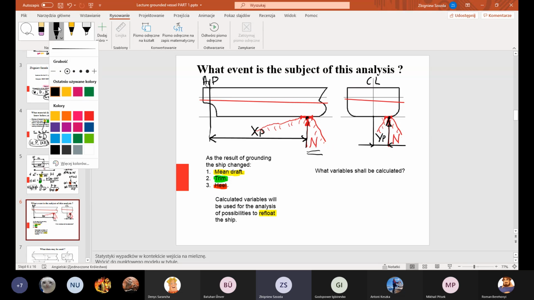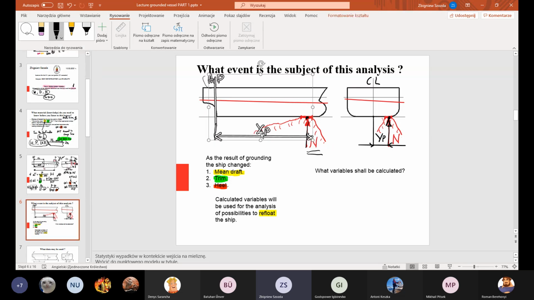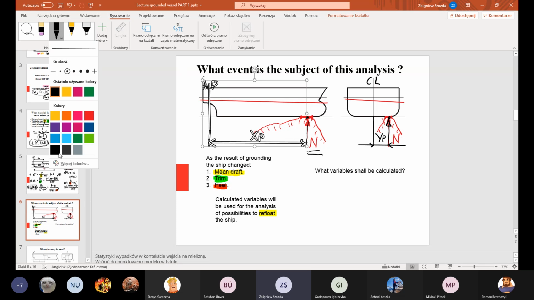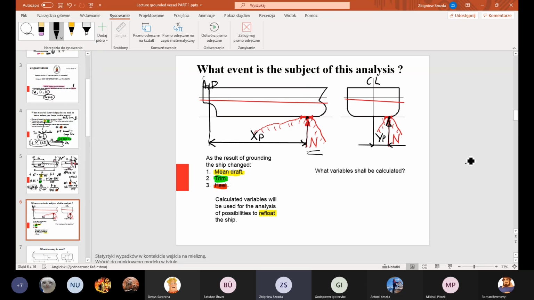I did put here a small heel. Sorry, I didn't want to do this, I wanted just to make a color. A ground in red color, and there is a contact between the ground and the ship. Contact starting somewhere here and ending somewhere here. Area of contact between the ground and the ship.